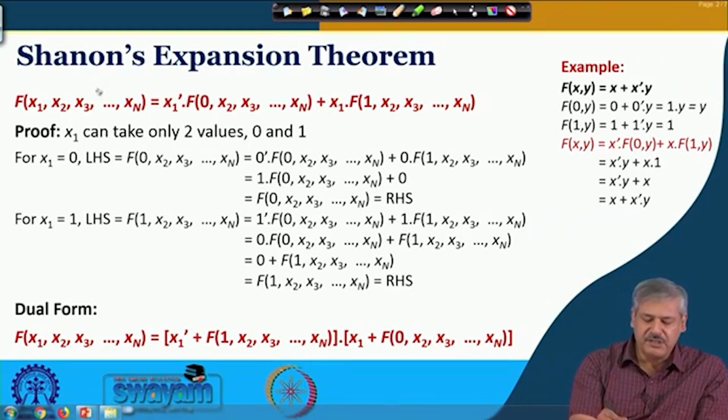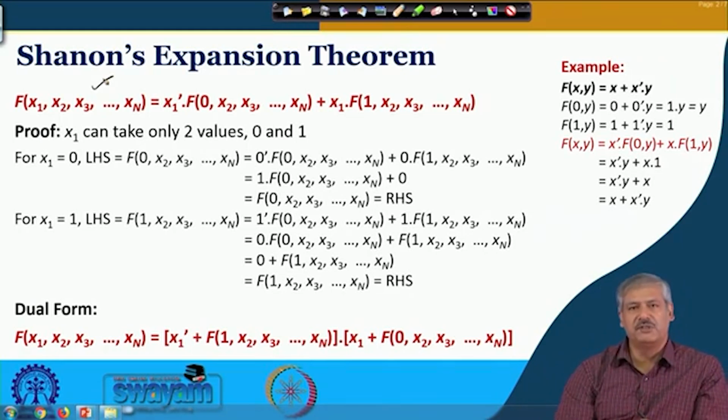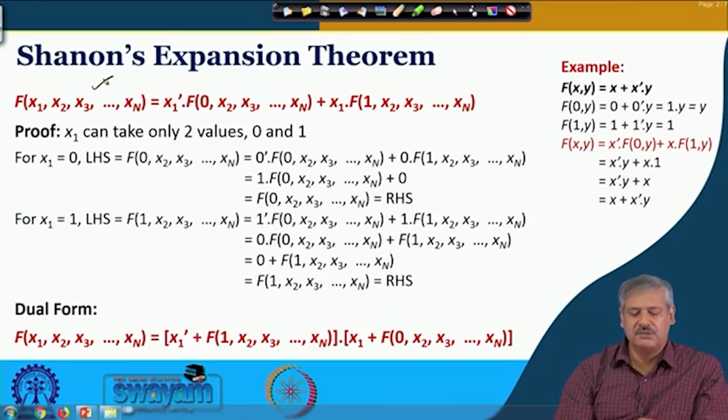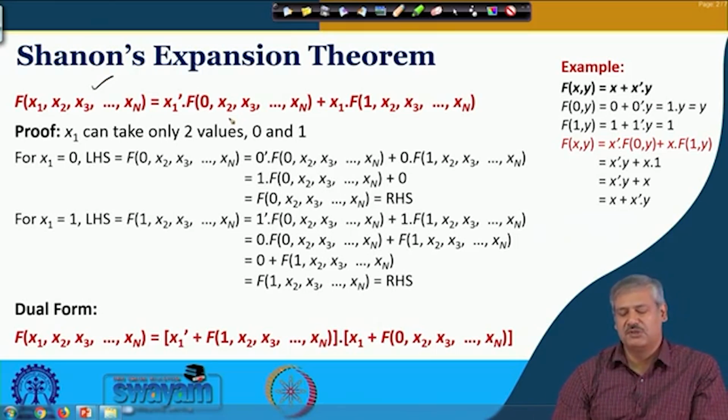So, given any function of n variables, okay, we shall see examples of smaller number, 2 variables, 3 variables and all. Any expression of n variables, one of the variables may be taken out. For example, here x1, it could have been any other variable.